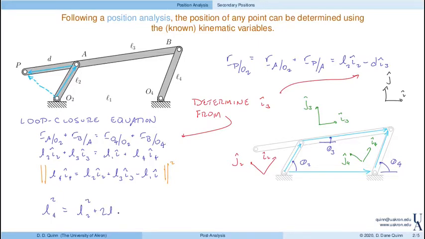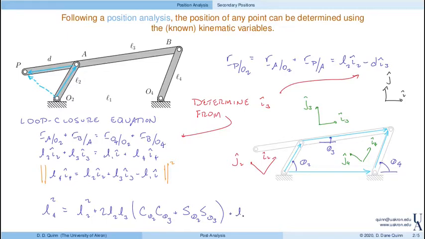plus 2 L2 L3 times a term that comes from I2 dot I3, which becomes cosine theta 2 cosine theta 3 plus sine theta 2 sine theta 3.